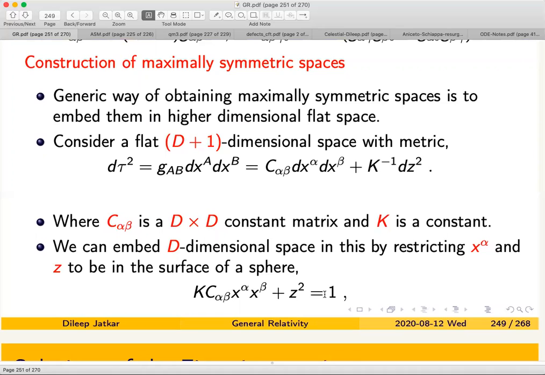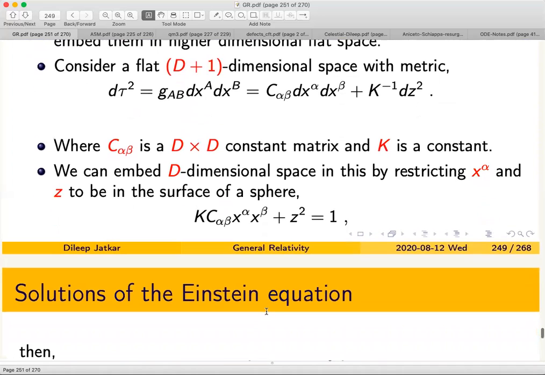So this almost looks like an equation for a sphere. And it is in fact an equation for a sphere, provided of course k takes a positive value. If k is negative, then you can see that there is a relative sign and it looks more like a hyperbola. Is that fine?